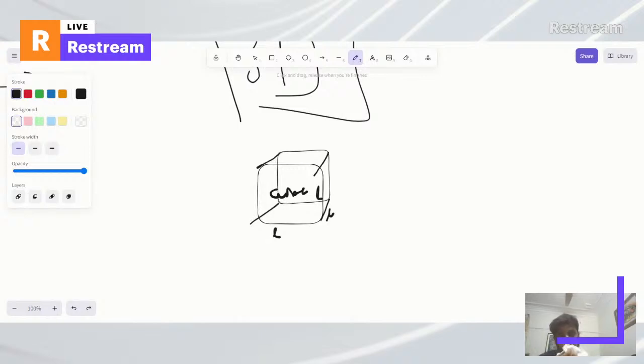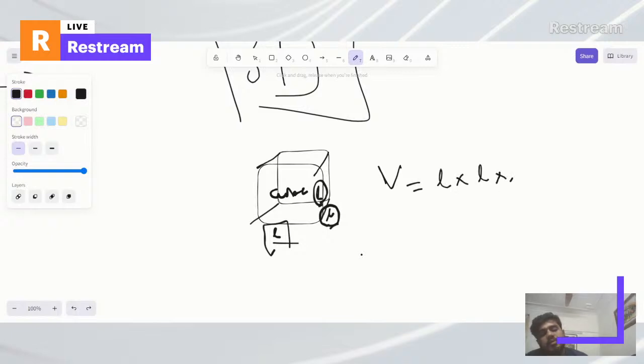Okay, now you can have same dimensions on length as well as breadth as well as height of the shape. Okay, so do you guys get it? So we can write the volume of this shape as length times length times length.